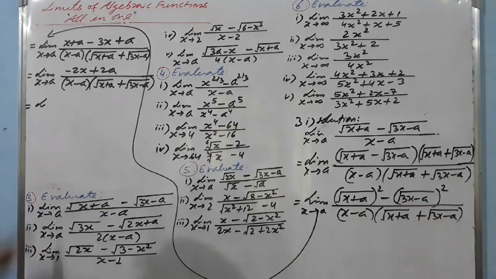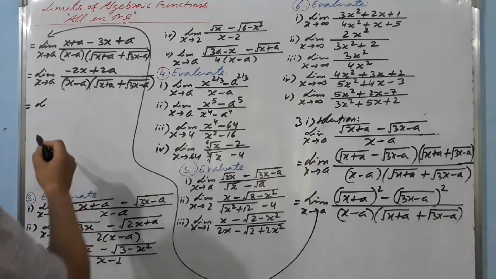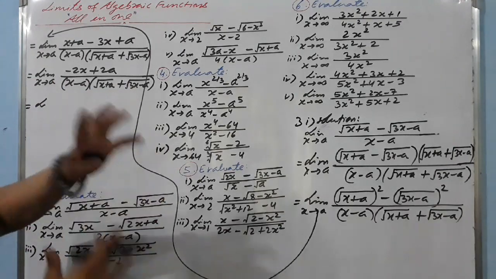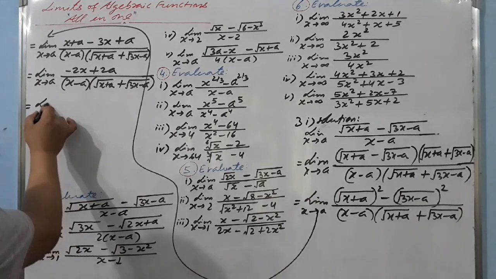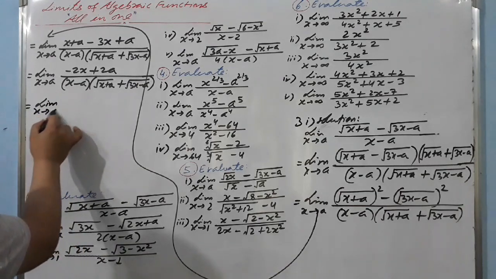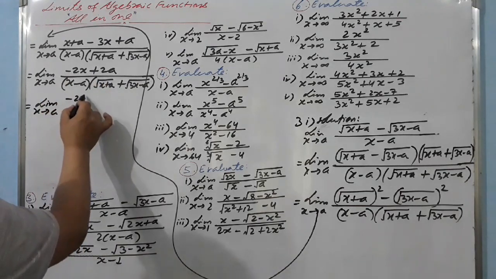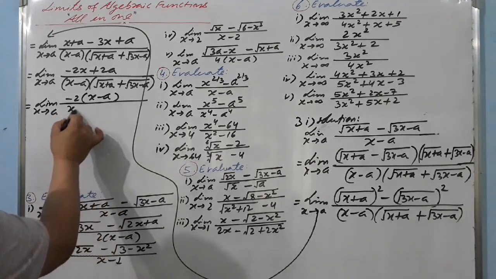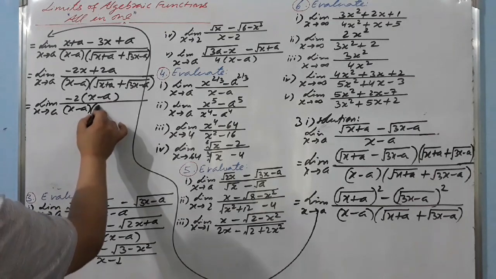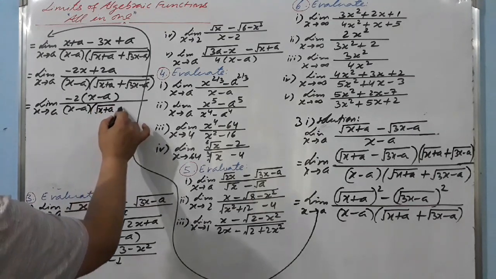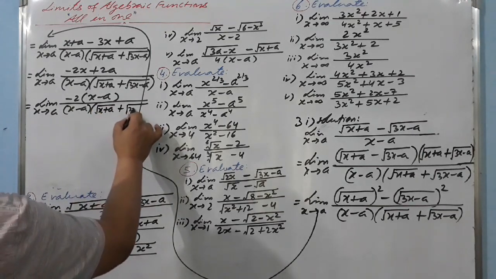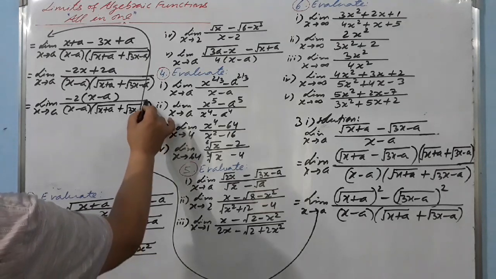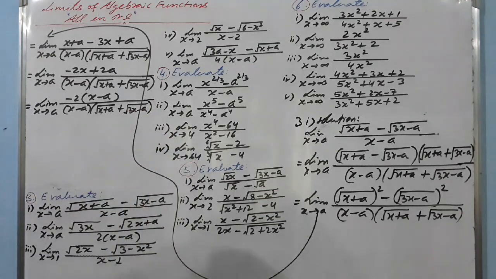You need to see each and everything properly. The limit as x tends to a, here you need to take minus 2 common: x minus a over x minus a times root x plus a plus root 3x minus a. Now no problem.